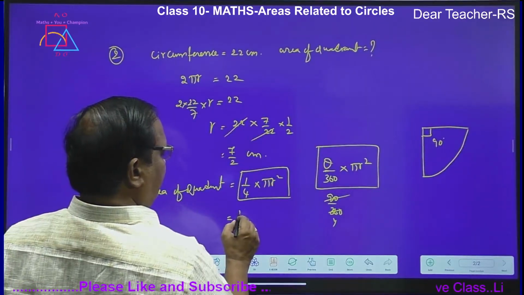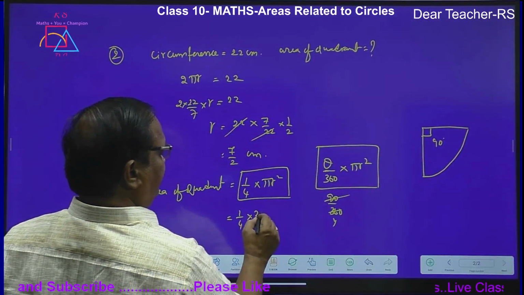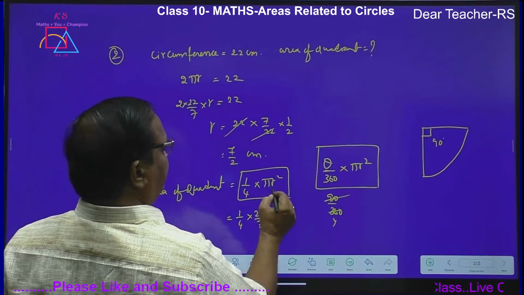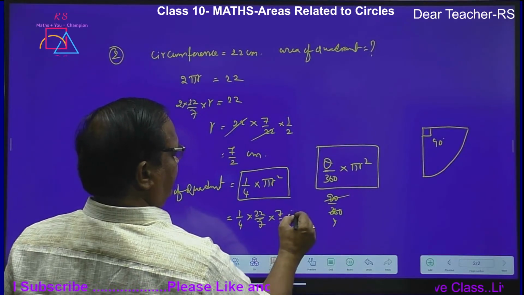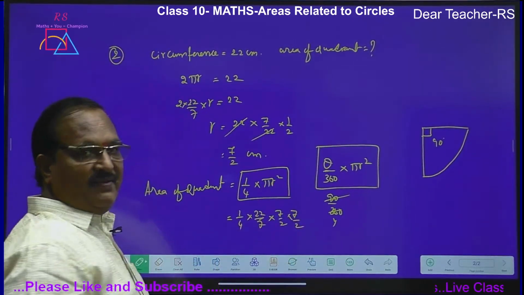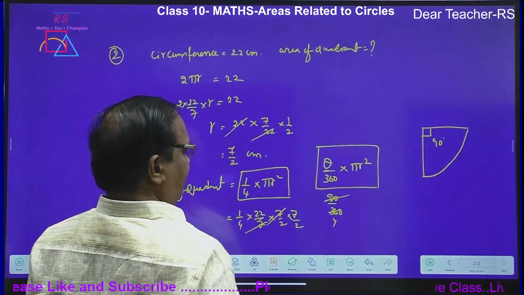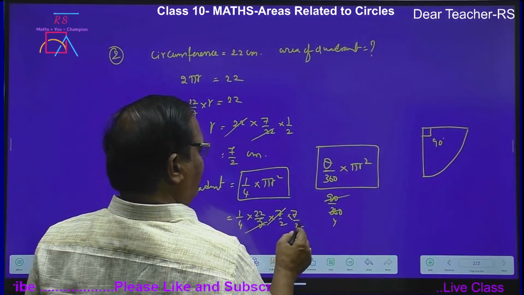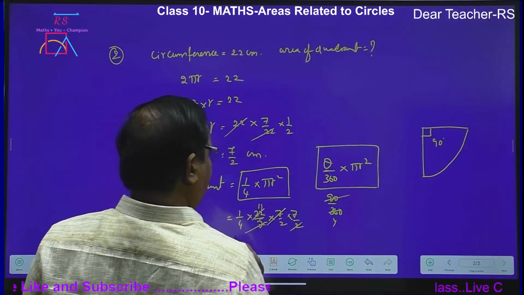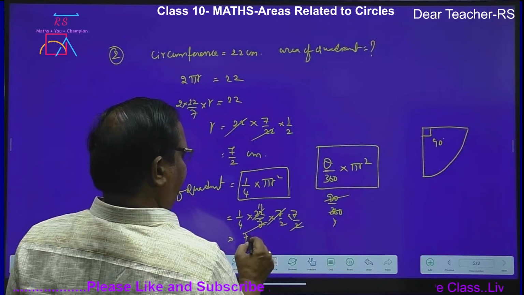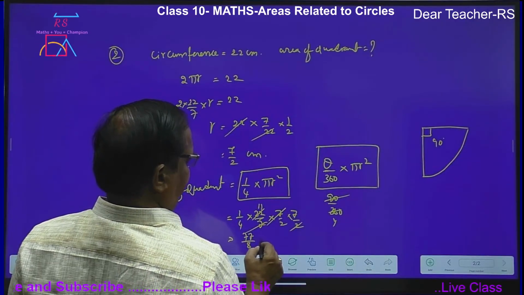So 1 by 4 into 22 upon 7 into 7 by 2 whole square. Now I have written 22 upon 7. You can write like that because 7 will get cancelled. So now 2 will get cancelled in 22, giving 11. That's it. So this is 77 by 8.